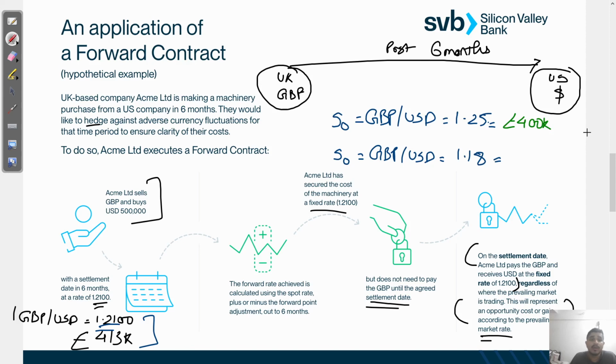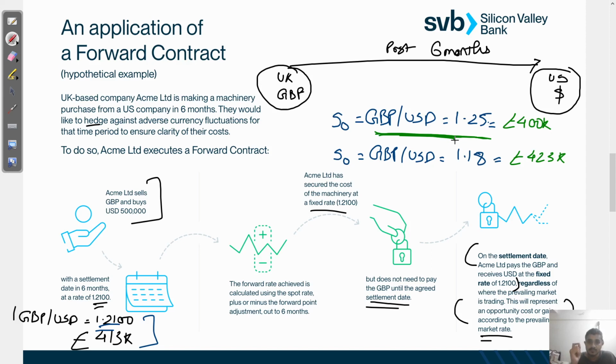Had it been 1.18, $500,000 divided by 1.18 is 423 something thousand pounds. So what does this mean? It means that with 1 GBP you can buy more USD. That means GBP has appreciated against USD.